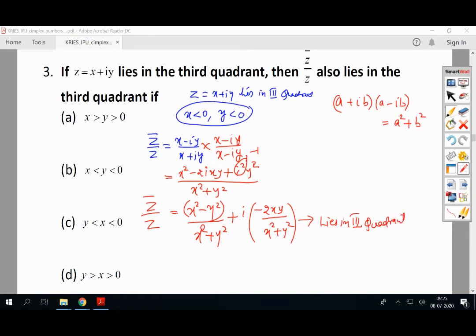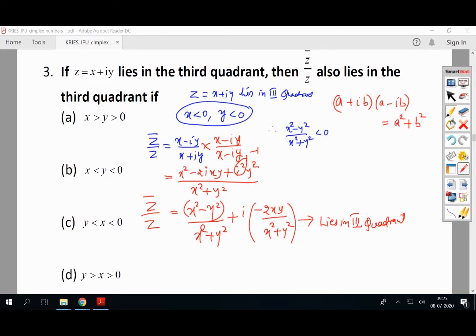Therefore I can straight away write from this, x square minus y square divided by x square plus y square should be less than 0. So from this, x square minus y square is less than 0, it gives you x square is less than y square.